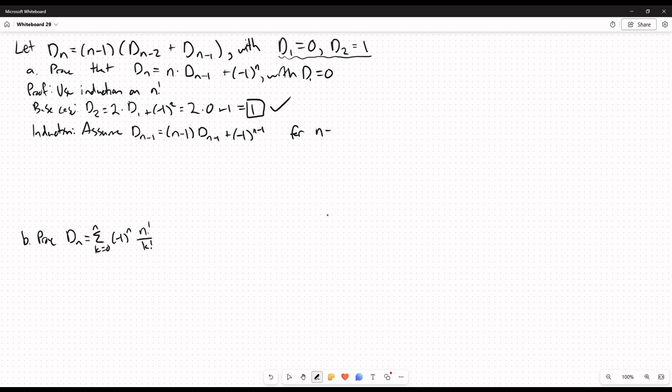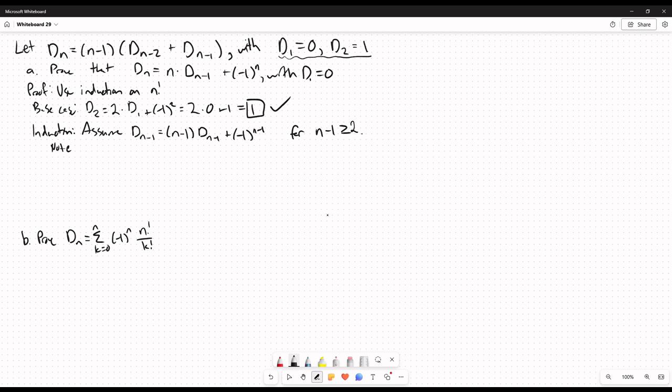We'll say for n minus 1 greater than or equal to 1. That's a lie. It has to be greater than or equal to our base case, so greater than or equal to 2. So we're going to assume this.